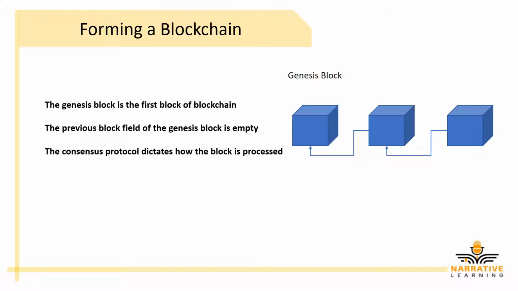These rules are called the consensus protocol. The consensus protocol of a blockchain dictates how the block is processed, which means how we are going to calculate the hash of the block. If any block is tampered, then the rest of the blocks in the blockchain will be invalid. The only way to invalidate a whole blockchain is to tamper with a block and recalculate all the later blocks.